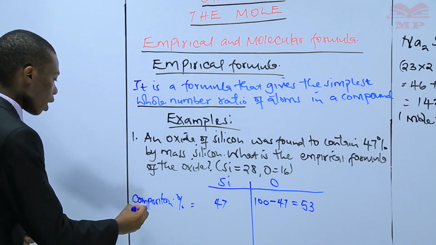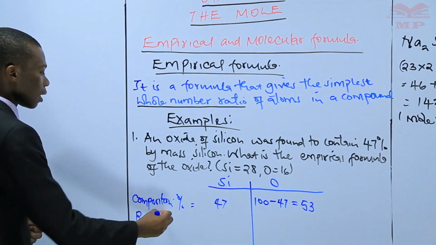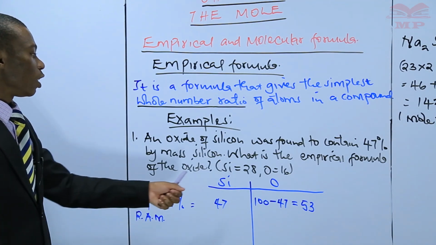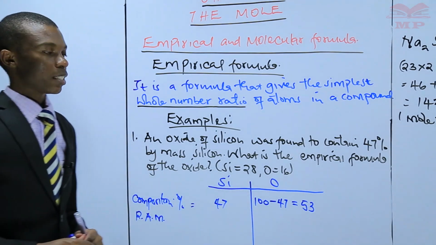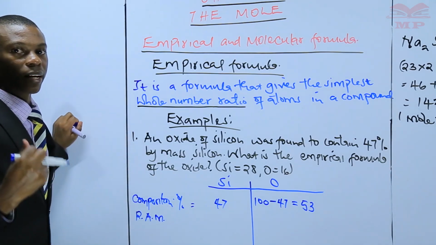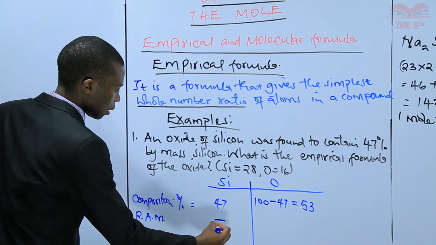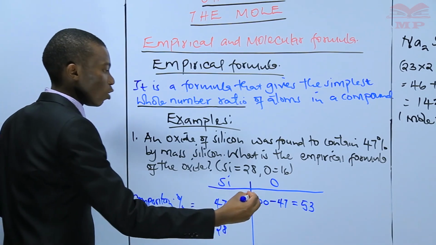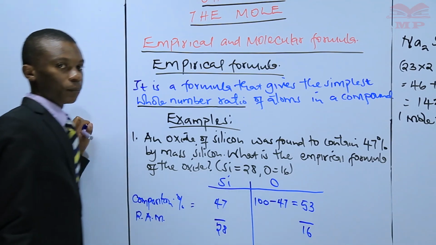Then you now have the relative atomic masses. The relative atomic mass of silicon is 28. The relative atomic mass of oxygen is 16. Therefore, you divide each percentage by the relative atomic mass. Silicon is 47, you divide by 28. Oxygen is 53, you divide this by 16.